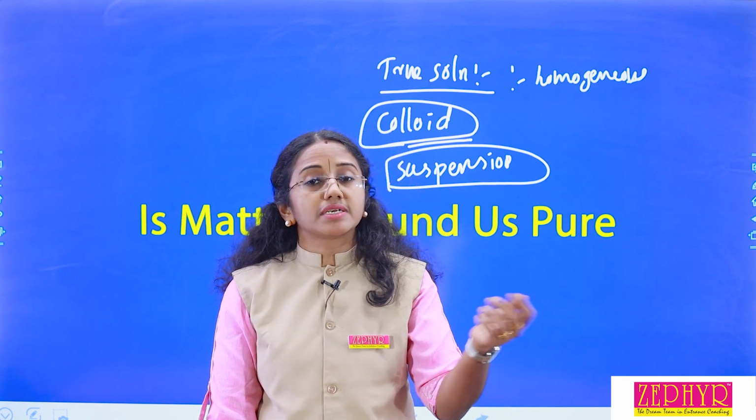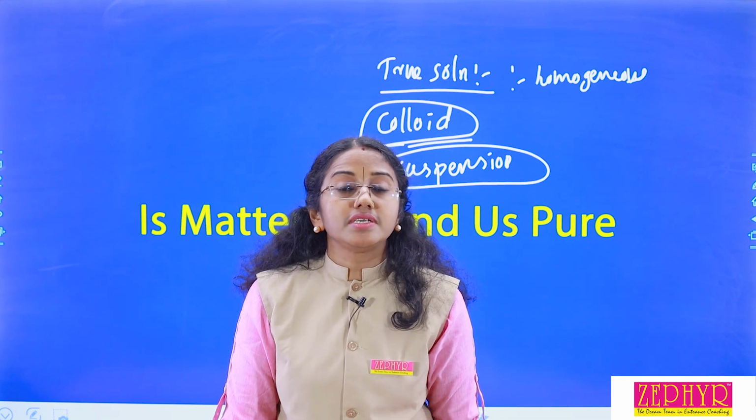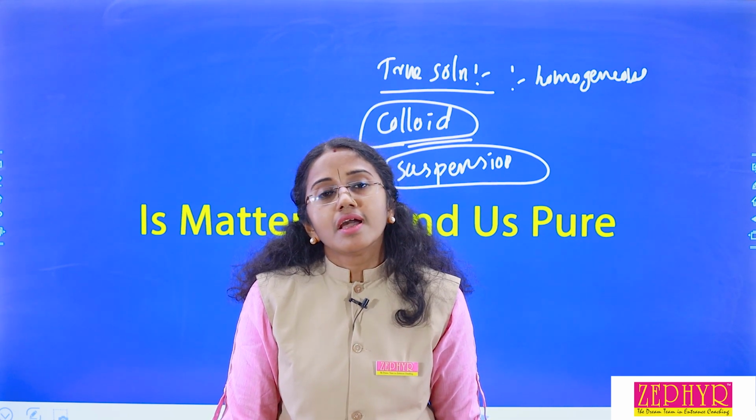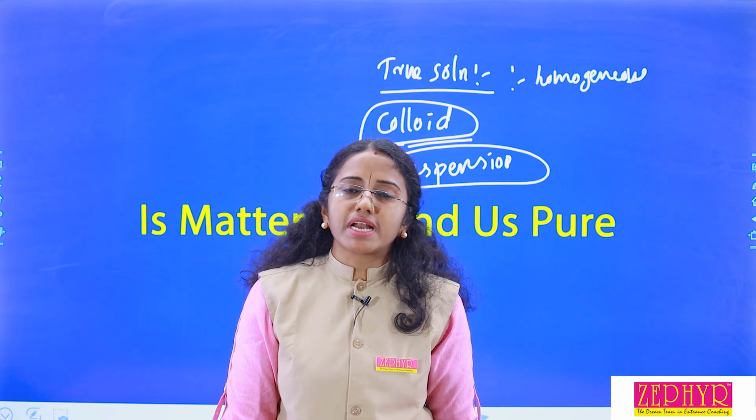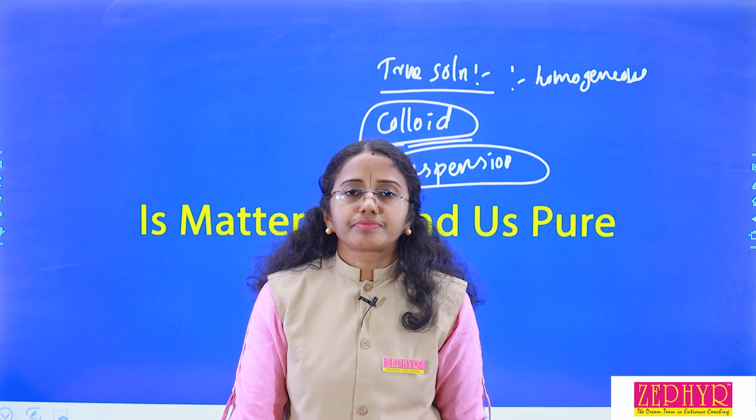In a true solution, the particle size is less than 1 nanometer, in a suspension it is more than 1000 nanometer, and in colloids it is between 1 nanometer and 1000 nanometer.